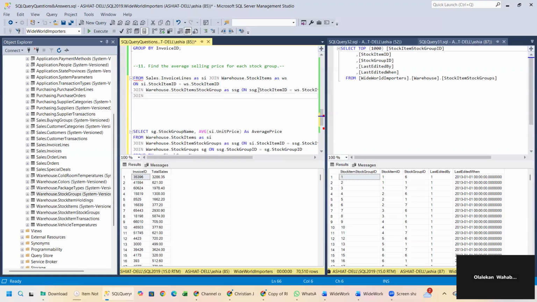Join warehouse.stock group as SG on SG.stock group ID equal to SSG.stock group ID.